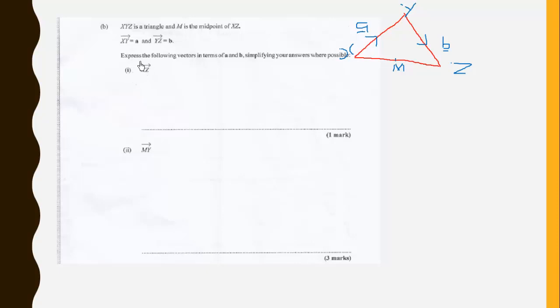We are supposed to express the following vectors in terms of A and B. Vector XZ.